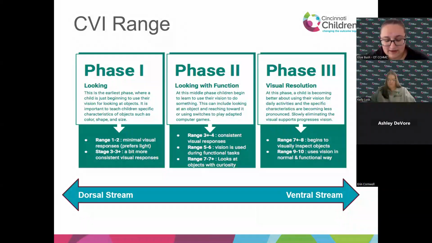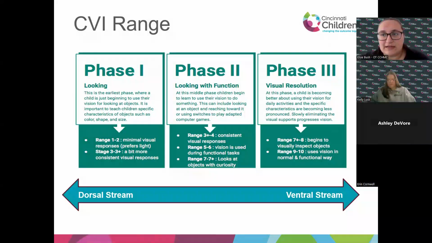But like I said, when you do the CVI range, we get one of these phase scores for every child, and you're able to say where this kid's skills fall within this continuum of function. Phase 1 is where we're building those more consistent visual responses, so looking and fixation and just overall regard to images and objects. Phase 2 is where we're pairing the ability to look with an action.